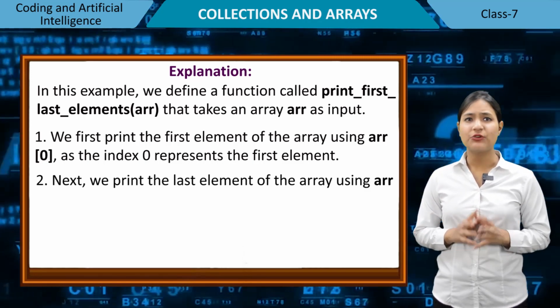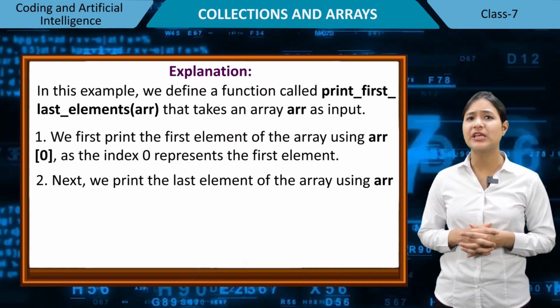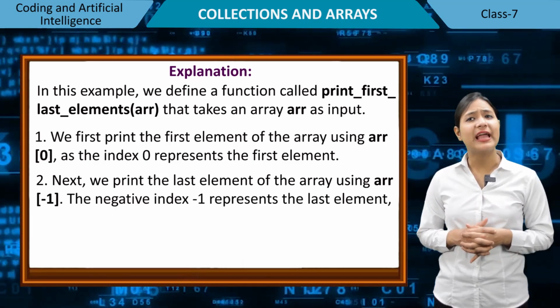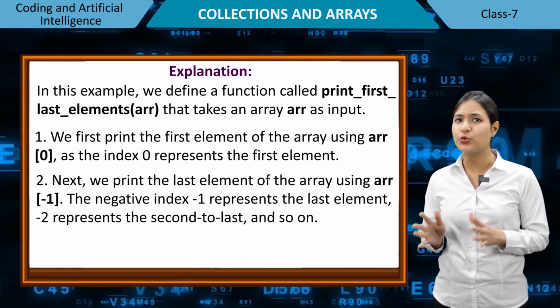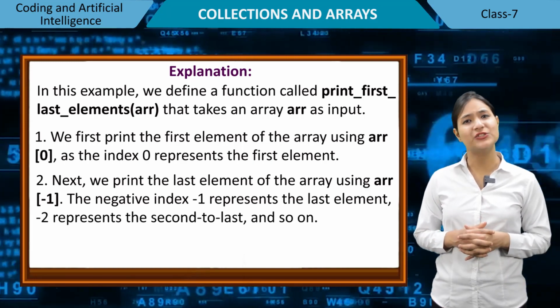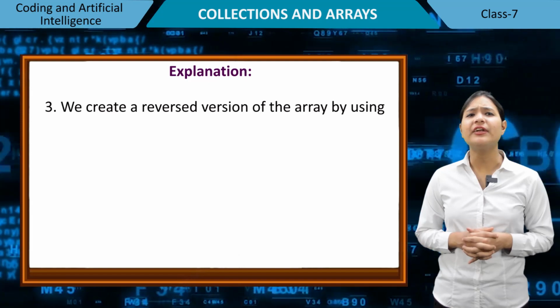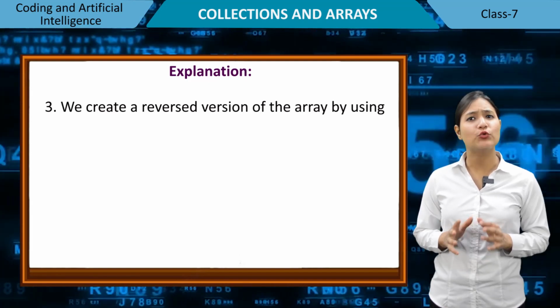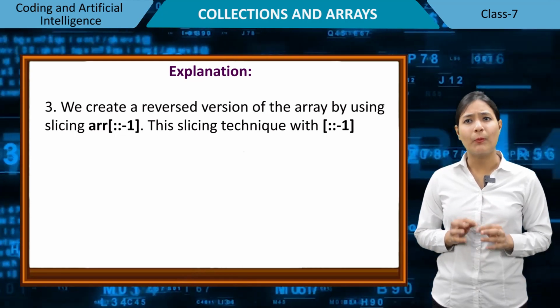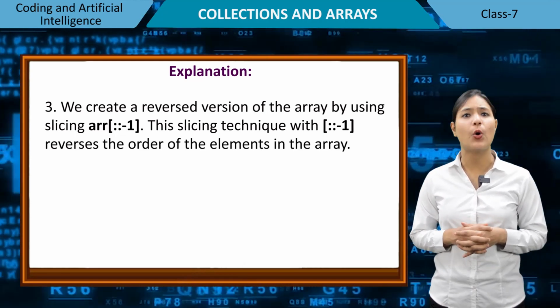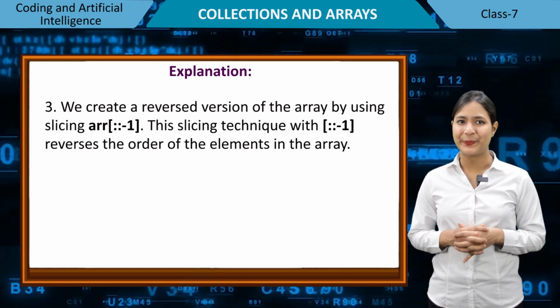Second, next we print the last element of the array using r[-1]. The negative index -1 represents the last element, -2 represents the second to last, and so on. Third, we create a reversed version of the array by using slicing r[::-1]. The slicing technique with -1 reverses the order of the elements in the array.